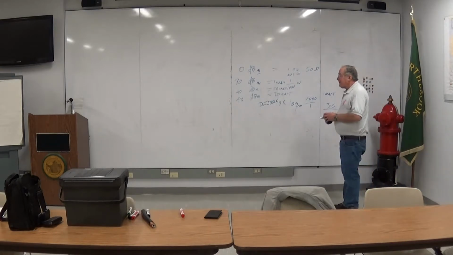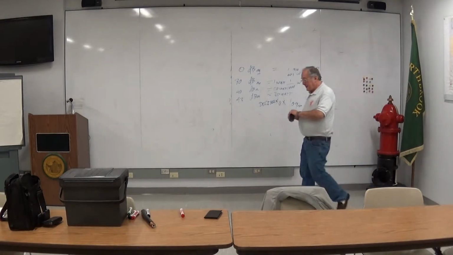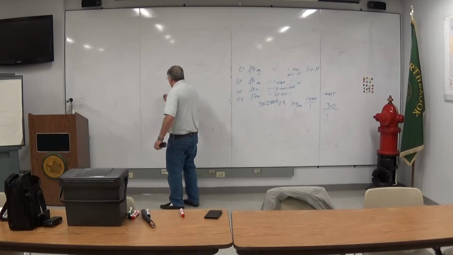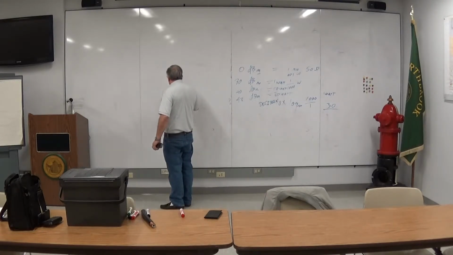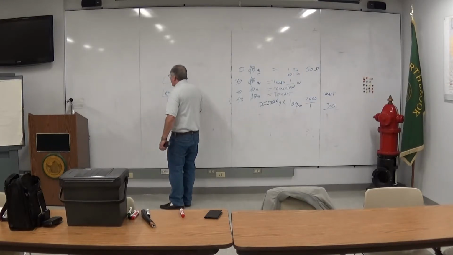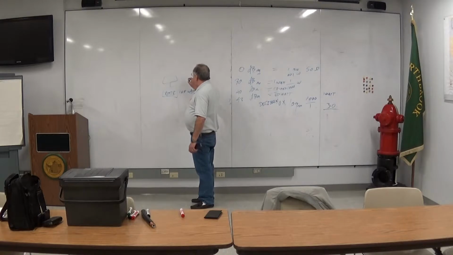So, why do we do things like that? I got a transmitter here, and it produces 100 watts. And I put it through my matchbox so I can tune my antenna, which produces a 3 dB loss.